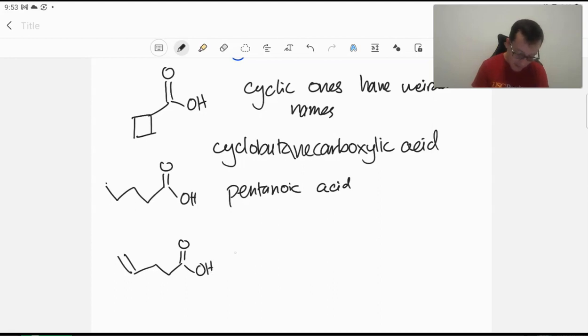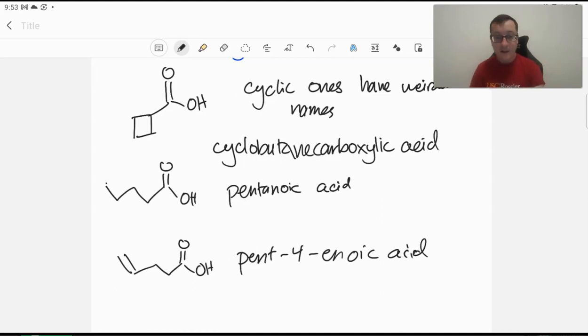This one we would say, I guess to be consistent, pentenoic acid. Again, your carboxylic acid typically will be priority 1, just like your aldehydes were, because carboxylic acids have to be terminal. You can't have an internal carboxylic acid because the carboxylic acid has 3 defined bonds.